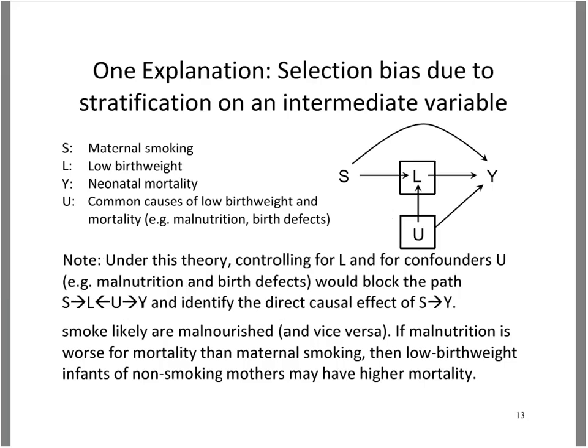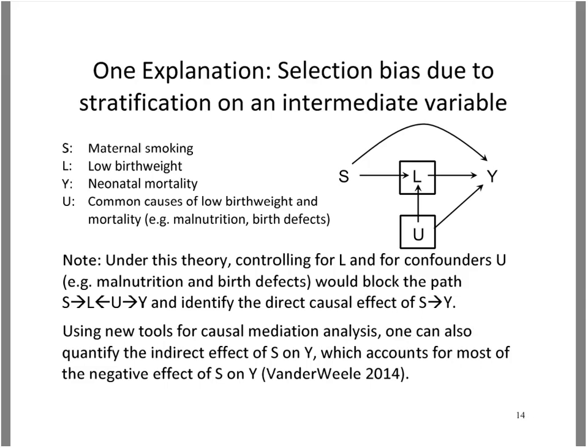Good. But perhaps you're not interested in the total causal effect of smoking on neonatal mortality. Perhaps you're interested in the direct causal effect of smoking on neonatal mortality, that is, among low birth weight babies, which would be represented by this direct arrow here.